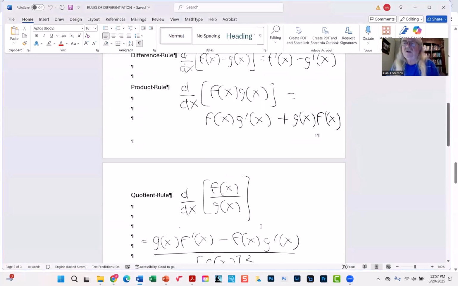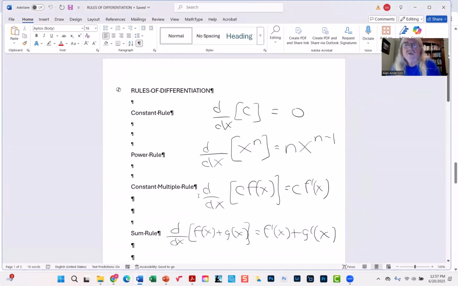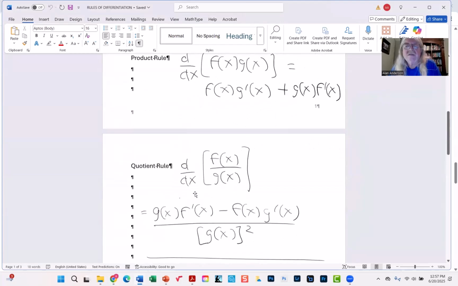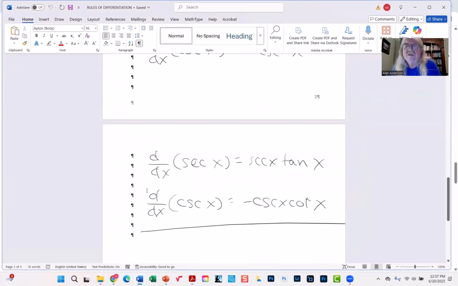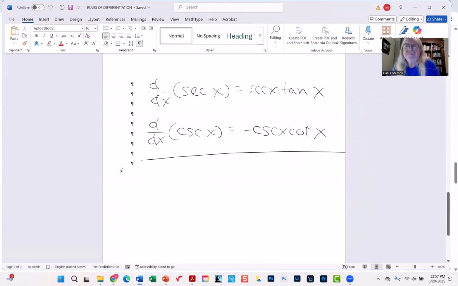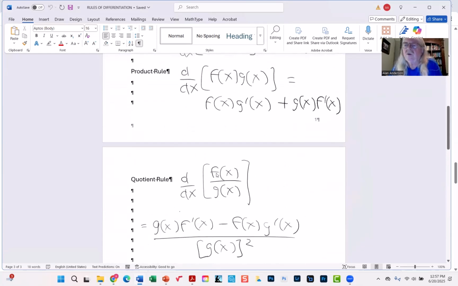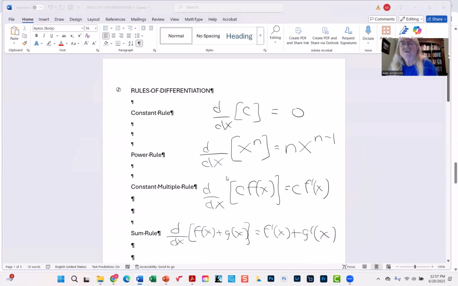I like to keep things organized. If you want, you can print this out and use it while you're doing your assignments. And I also put some of the trig functions down here because, again, you don't want to be constantly going back to the book and looking for all this stuff or going to the internet. It'll be so much quicker if it's all just sitting here in one convenient location. Anyway, so let's get to it.